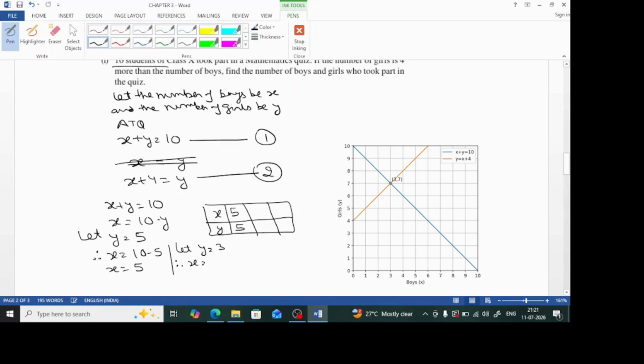Therefore x will become 10 minus 3, it will be 7. Now let y be equal to 6. Therefore x will become 10 minus 6, it will be 4. If y is 6, x will become 4.